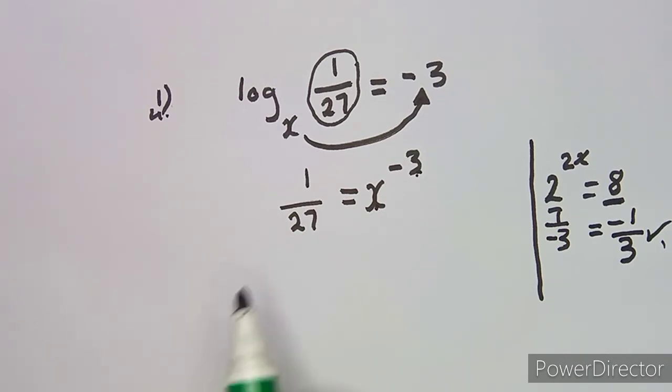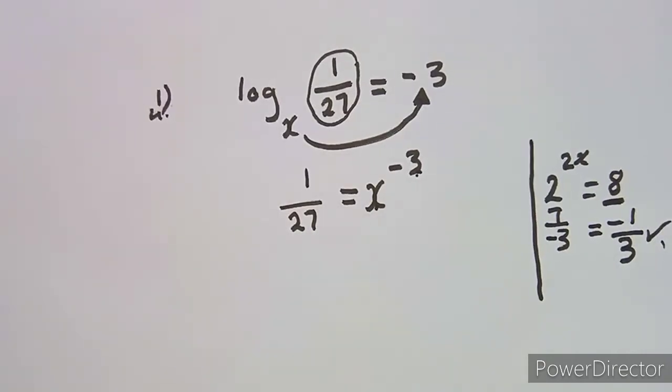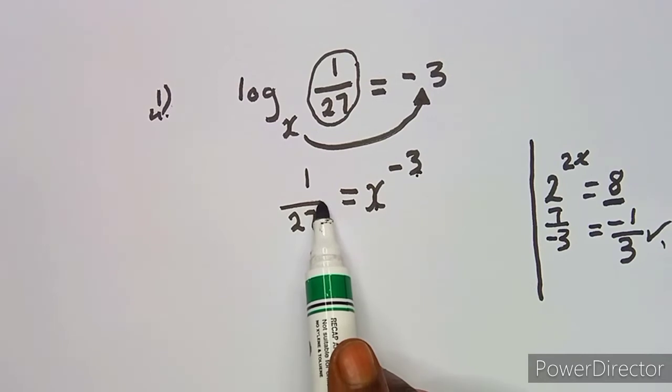Because logarithms are no longer playing a part, we are now solving a normal equation, the equation that we are used to. So we are going to multiply by the inverse both here and also on this part.